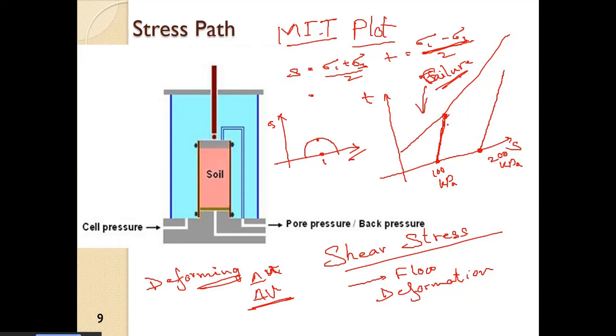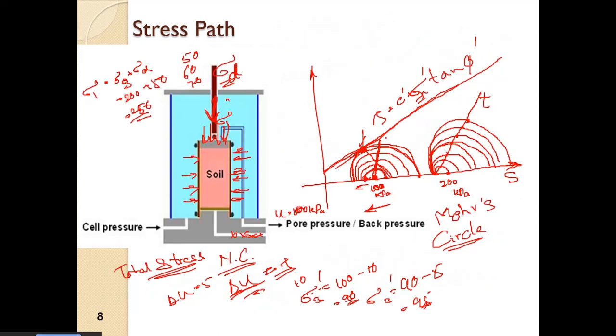So this is the ST plot. Now this plot also had severe limitation as far as the undrained condition is considered. If you consider the undrained condition like here, what will be the slope and how it will vary?